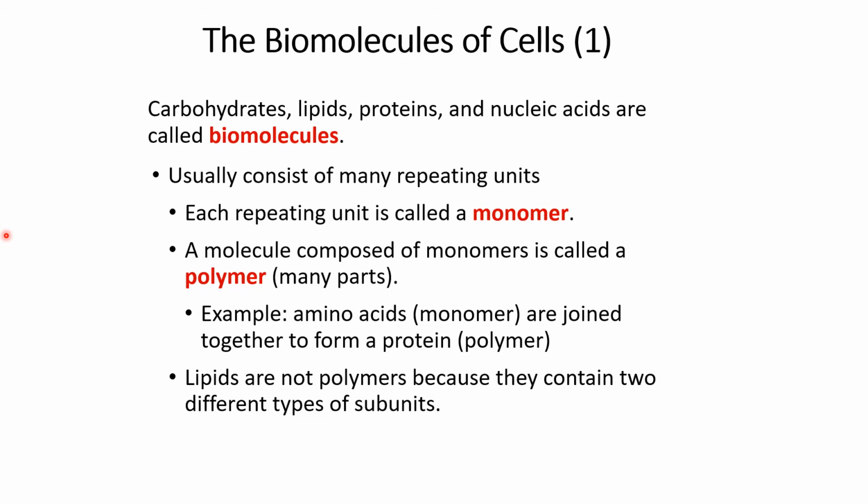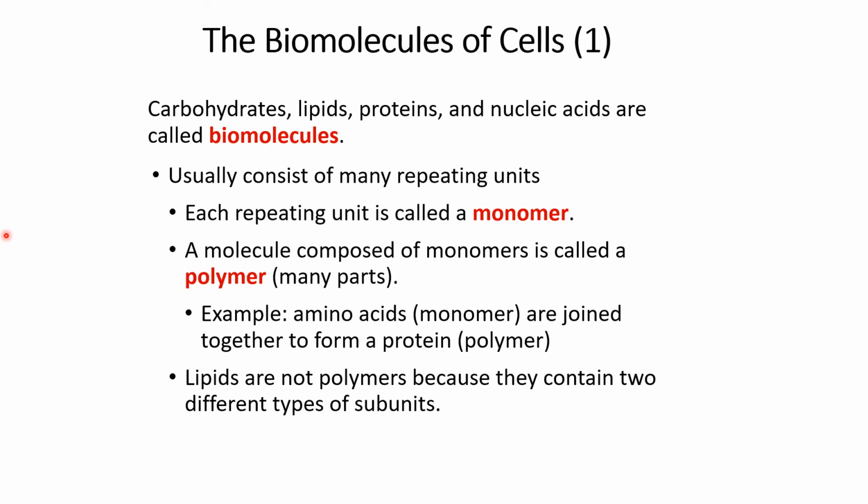So the main organic molecules in our cells are the biomolecules, and those are carbs, lipids, proteins, and nucleic acids. Most of these are long chains of repeating units. Now these chains can be cross-linked, so they can be connected to each other in a way that makes like a net.